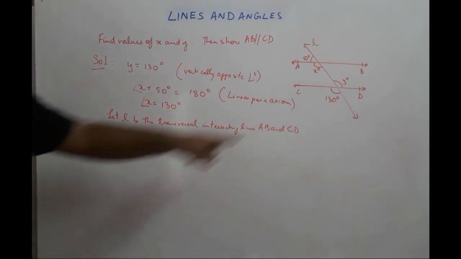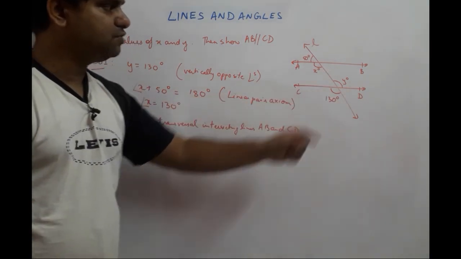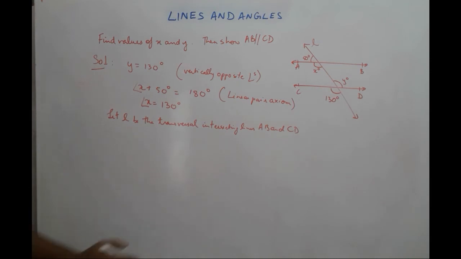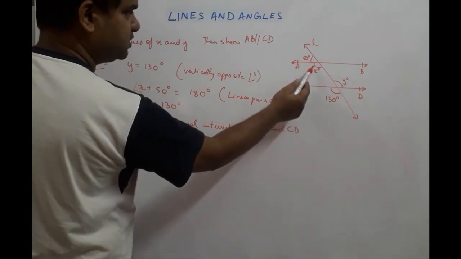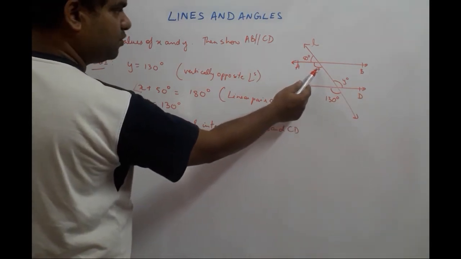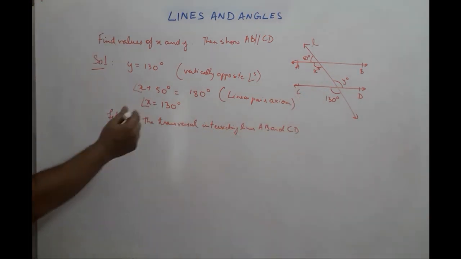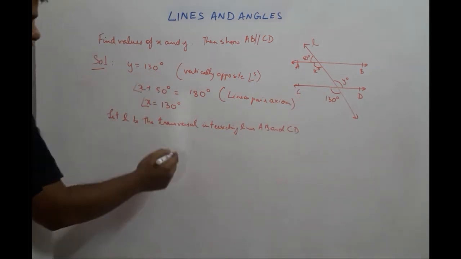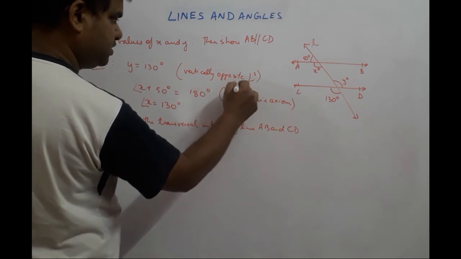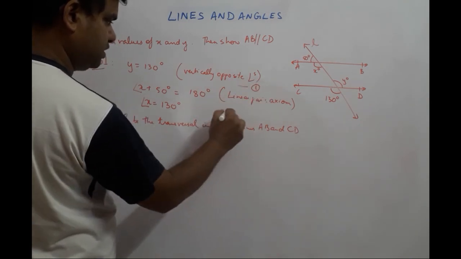If we say this is a transversal intersecting these two lines, and we know the values of x and y, we can label 1 over here and 2 over here.